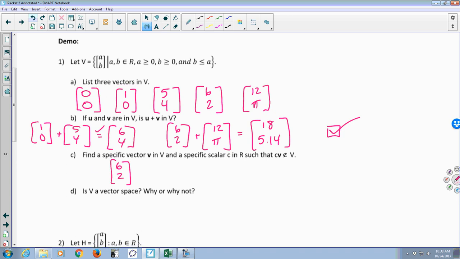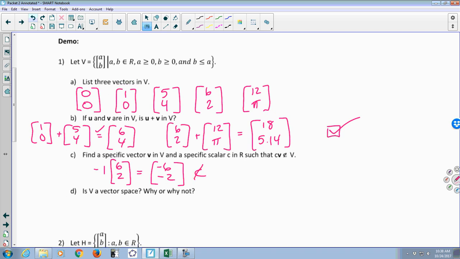Any negative, yeah. So c can live anywhere in R. It doesn't have to satisfy any of the conditions of V. Scalars are just anywhere on the real number line. So when I do that, I get (-6, -2), which no longer satisfies the definition of the set, because my A and my B are negative.